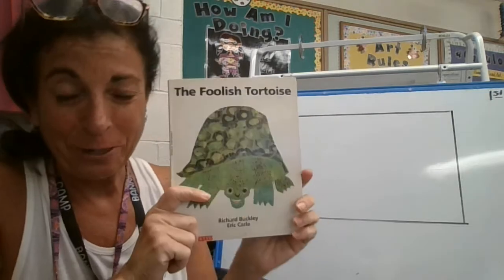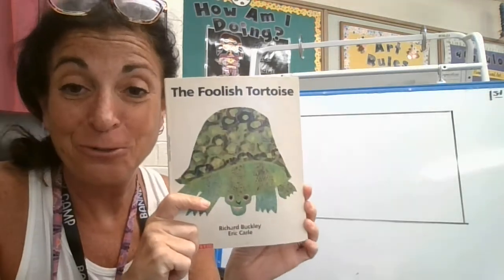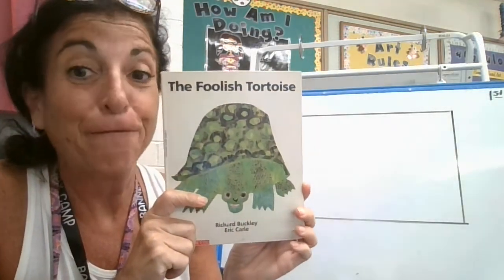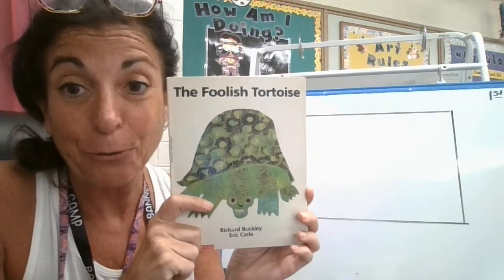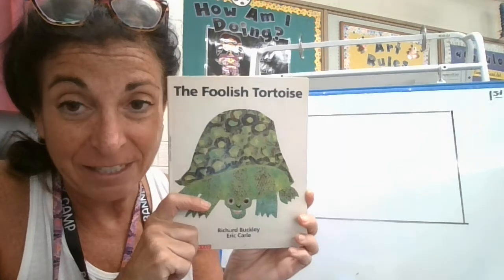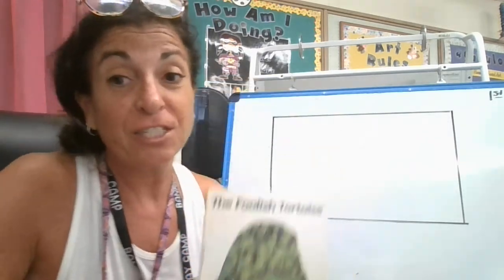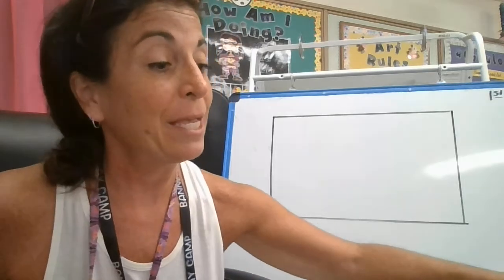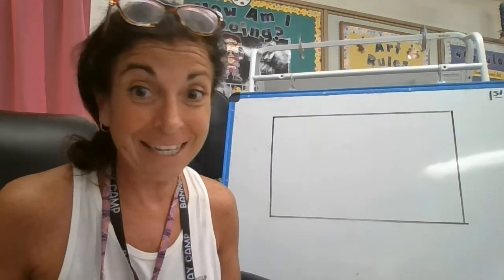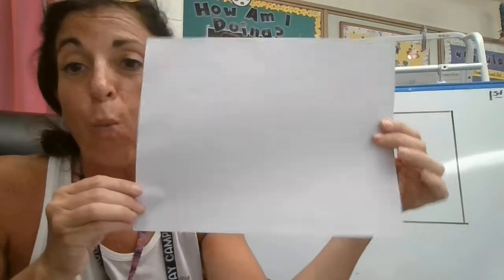What a great story that is. And we are going to use our story about the foolish tortoise to spark our imaginations and create line tortoises of our own. This project is going to take us 2 days. So we are going to get our supplies and get started. You are going to need a white piece of paper.